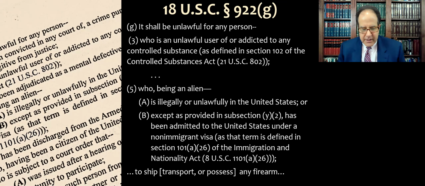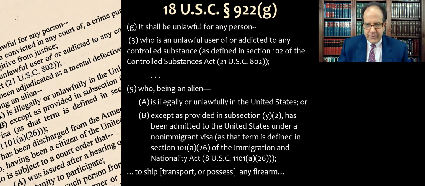These people are prohibited from shipping, transporting, or possessing any firearm or ammunition. And the punishments are quite hefty. So again, this is just an example to illustrate a federal statute that matters a lot and comes up a lot, incorporating other statutory sections of the federal code by reference.